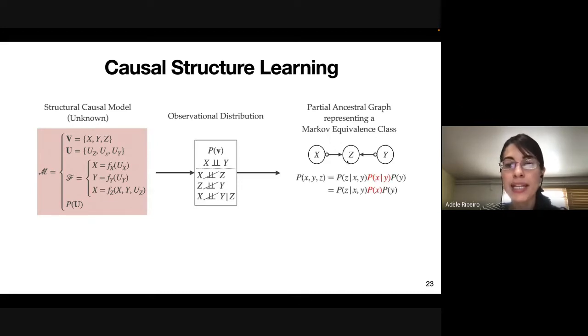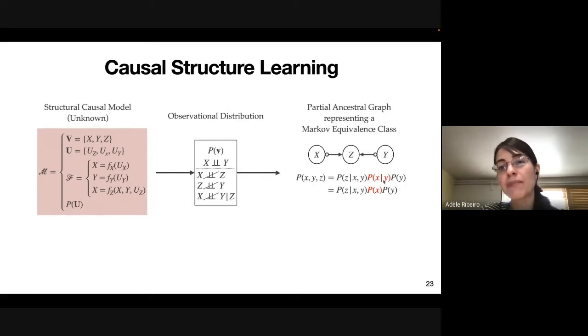And why can we actually orient some of the arrows? That is the joint observational distribution, and we can factorize this distribution and simplify the factorization using these conditional independencies. In this case, I'm using that X is independent of Y. If I factorize in this way, I can use any topological order for the factorization.